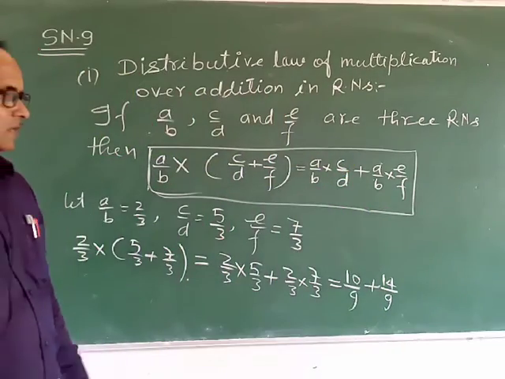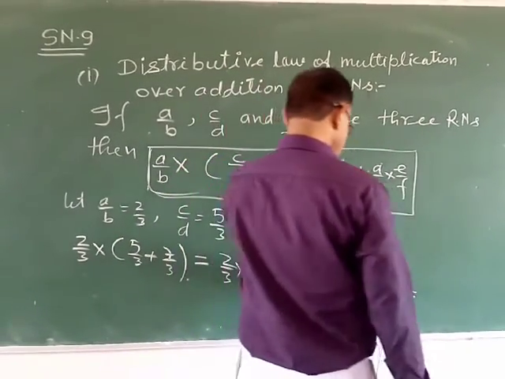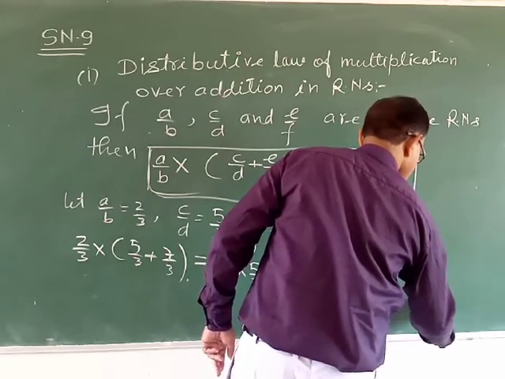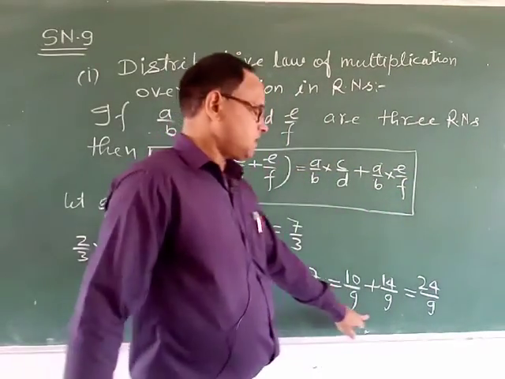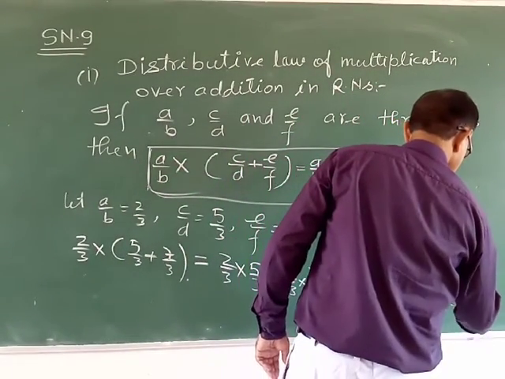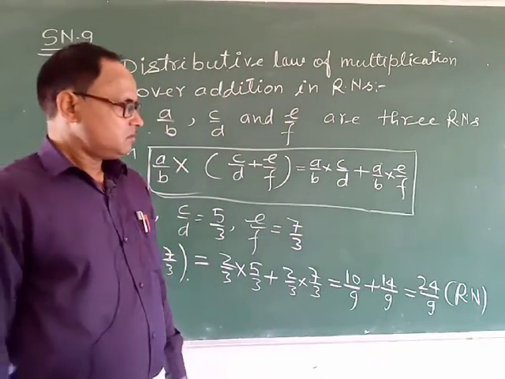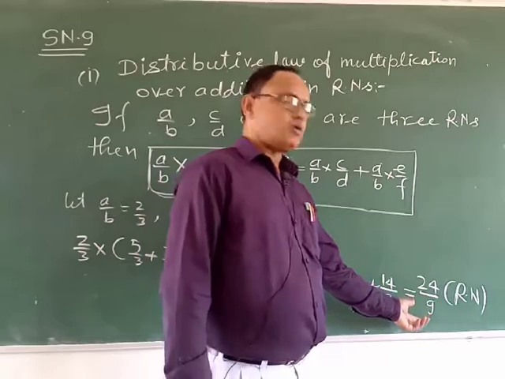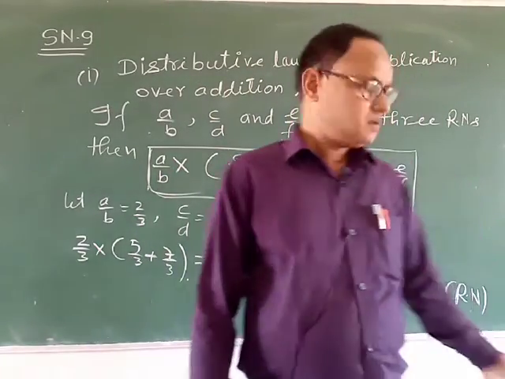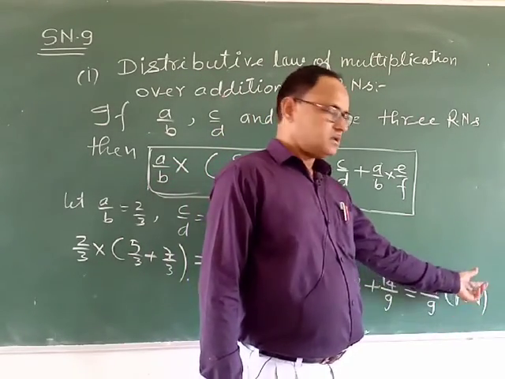Okay, then look here. During the calculation we get the number 24 upon 9. Here the denominators are the same. Thus we get 24 upon 9, which is a rational number, also belonging to Q.